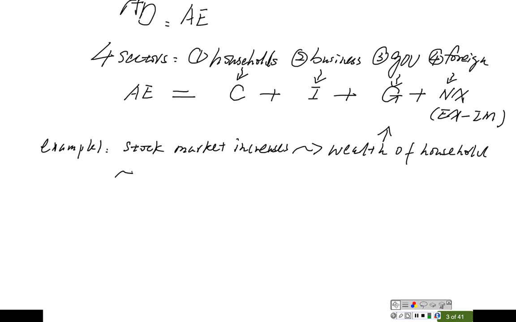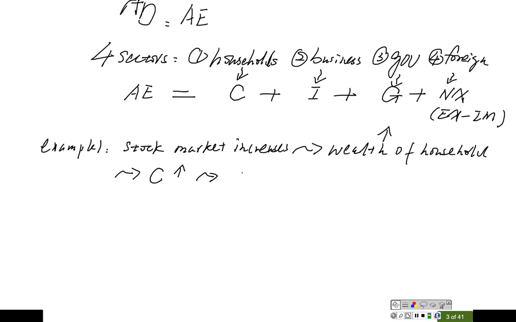So you can see here the impact of the increase in the stock price is on the household sector, because the people and the households now become more wealthy. They are going to spend more money, so consumption increases.